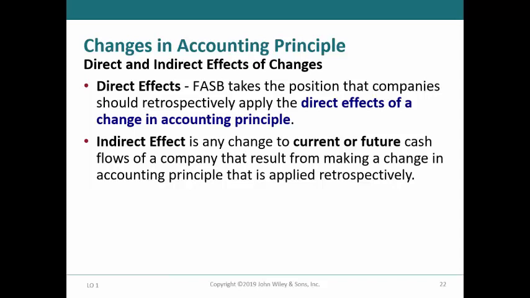An example of an indirect effect would be if the profit-sharing plans require that Lancer Company pay the incremental amount due based on the FIFO income amounts. These amounts would be indirect effects, and therefore these would be reported as additional expenses in the current period, and no changes would be required for prior periods.